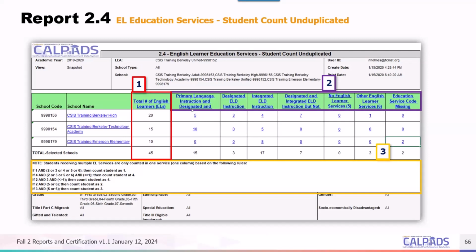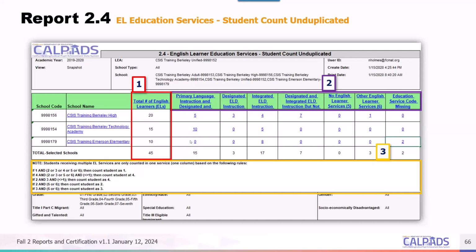Students are only reported once. They might receive several different services, but there's a hierarchy that determines these services, and it's down here in the footer of the report. And so it says, if 1 and 2, 3, or 4, or 5, or 6, then the student is counted 1.